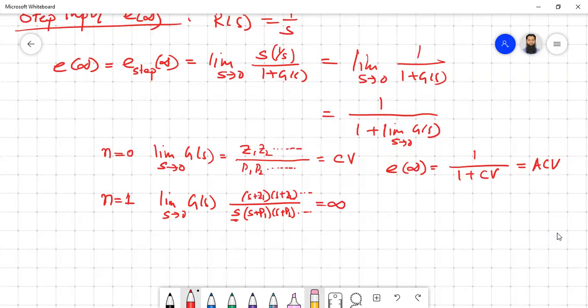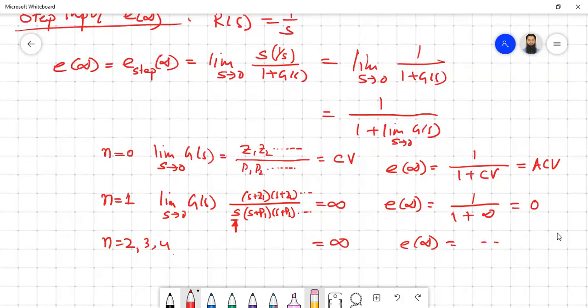And if it is infinity, then your steady state error becomes 1 by 1 plus infinity, which is actually 0. Okay, so for n equal to 2, 3, 4, whatever it is, the number of poles at the origin is increasing, so all of them will give you infinity. So your steady state error will become 0 for the rest of the higher system types. Okay, so this is for your step input.